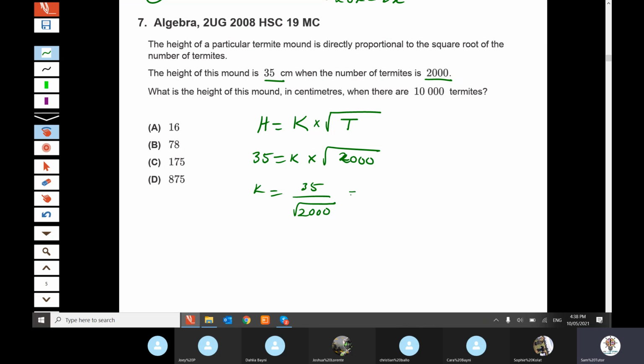Someone can give me a rough answer. 0.78. Then we're going to times that number by square root of 10,000, right? Because it says, what is the height of this mound when there are 10,000 termites? So now that you know what k is, you write H equals 0.78 times square root of 10,000. Obviously, the answer is 78.